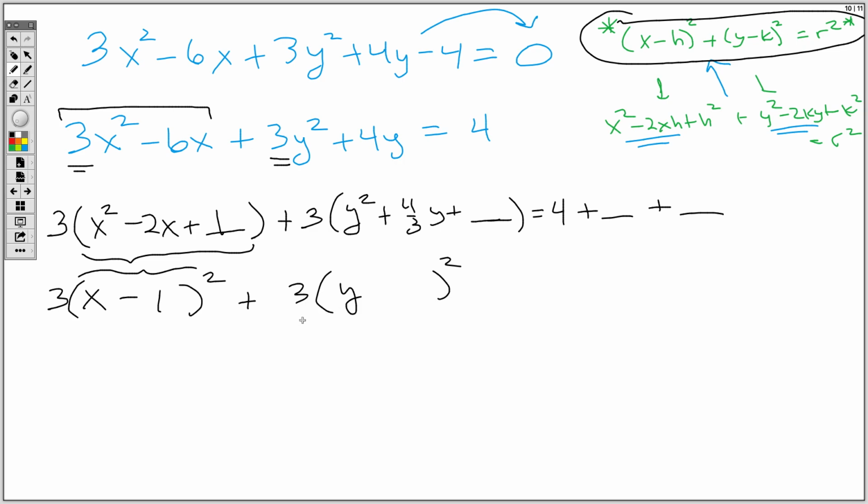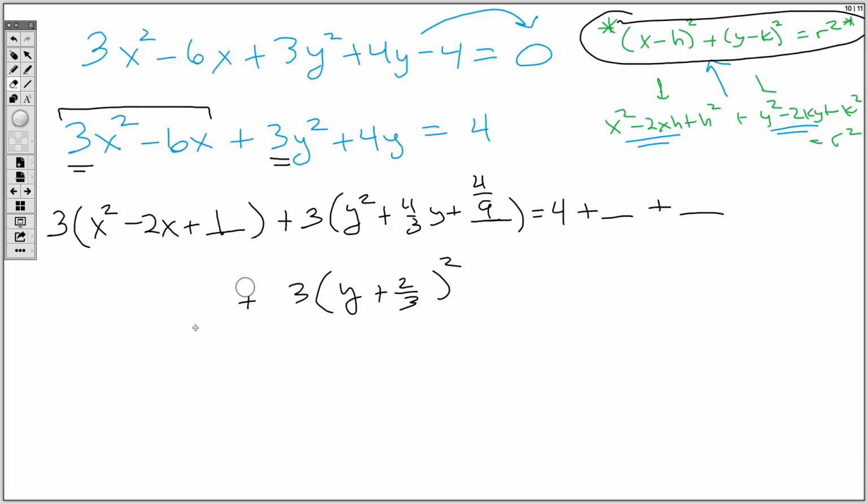I take half of the coefficient of y and put that in here. So if I take half of 4/3, that's 2/3. And now if I multiply this out, I get y squared plus 2/3 y plus 2/3 y plus 2/3 squared, which is 4/9.